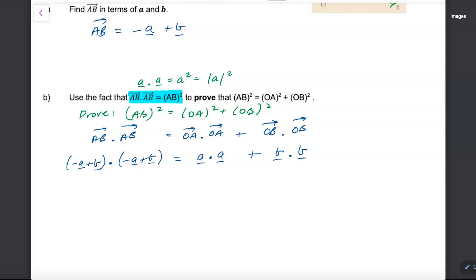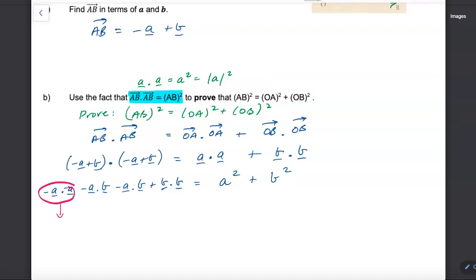Okay, so let's perform this dot product on the left. So we're going to have negative A dot product with negative A, plus, let's do that straight away, take vector A dot vector B, take vector A dot vector B, plus B dotted with vector B. And on the right side, we've got the scalar result of vector A dot product with vector A and vector B dot product with vector B. Now, if we have a look at this section on the left, we can simplify.